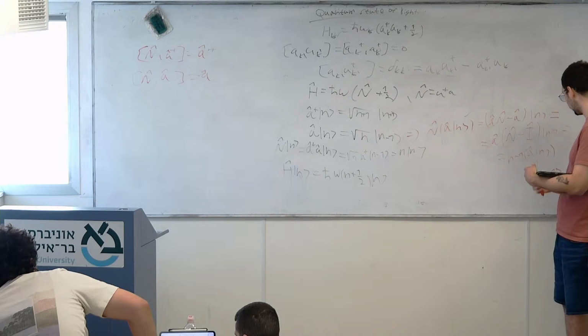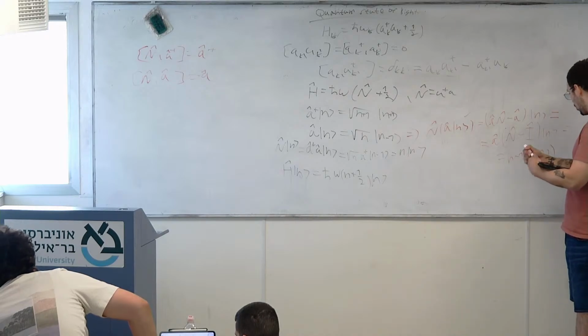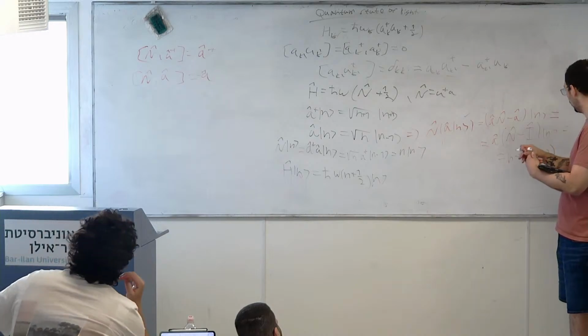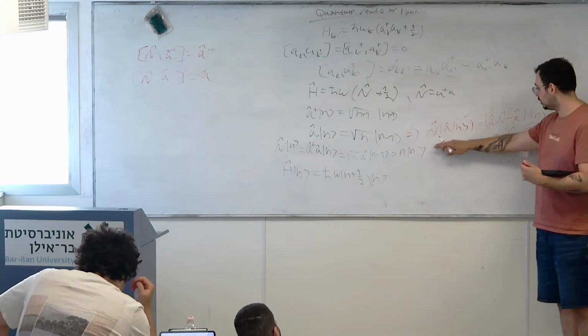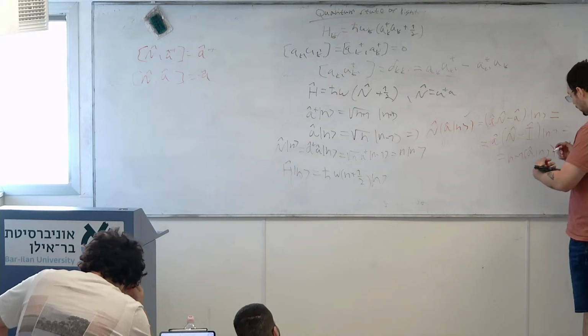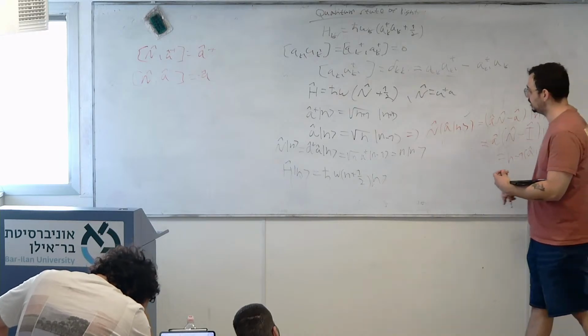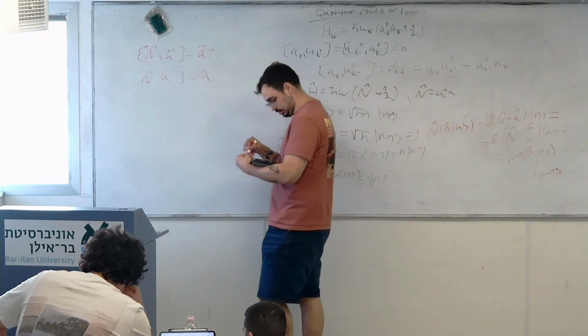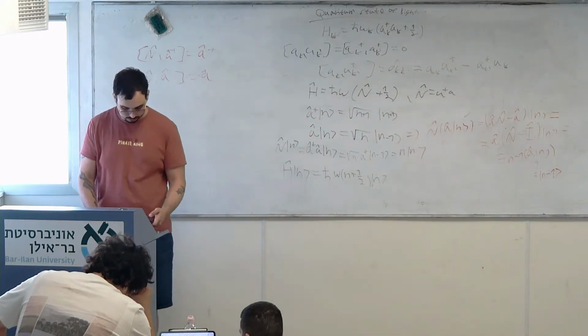But we also need to add a normalization, which will give us the square root of n here. Okay.